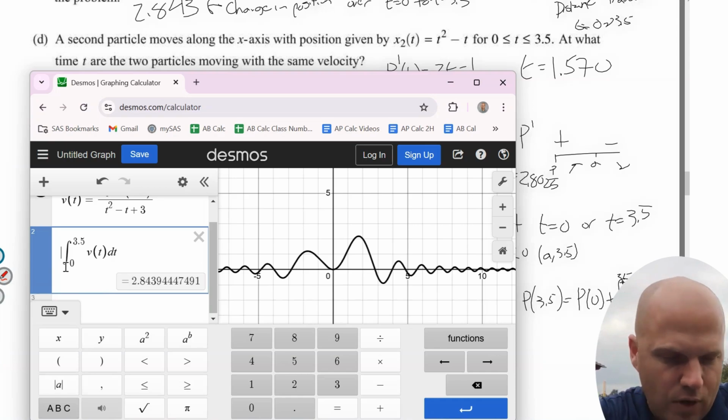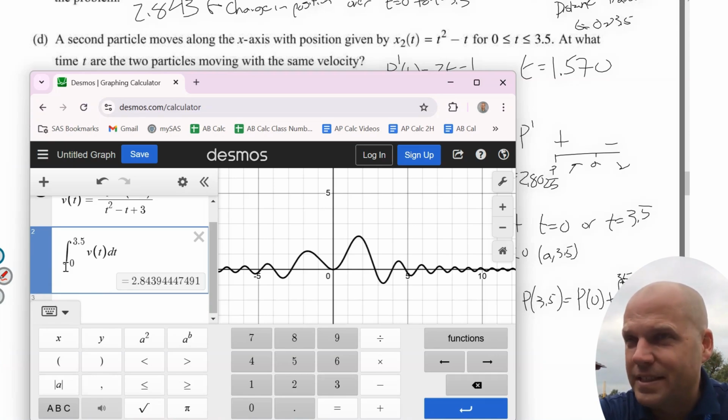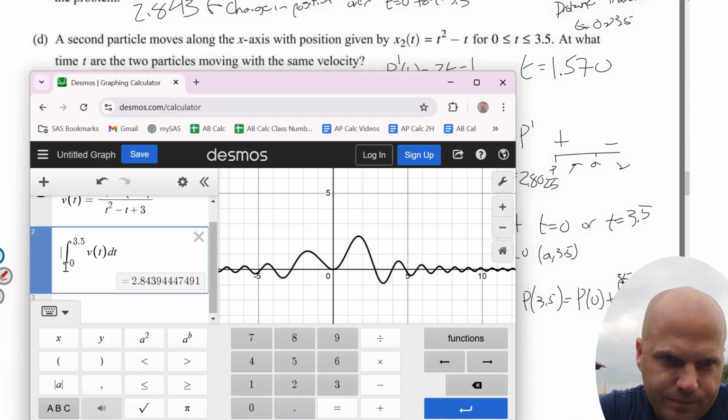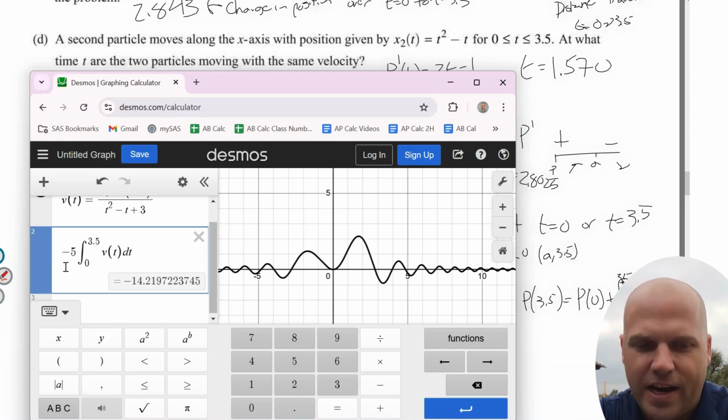I should have known this answer, because a displacement of 2.84 means I ended at the end of the day 2.84 to the right of where I started. Where am I furthest left? Where I started. You could have said that, and if you said that, I would have been very happy with you.